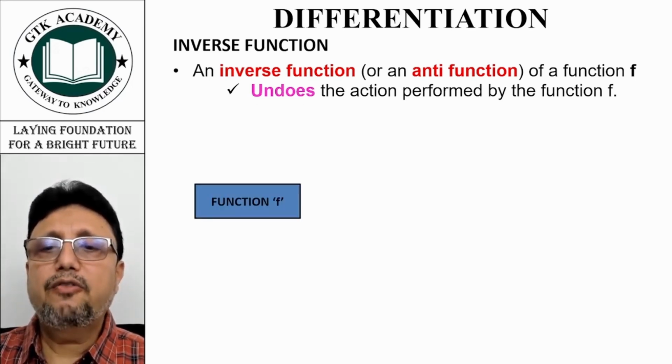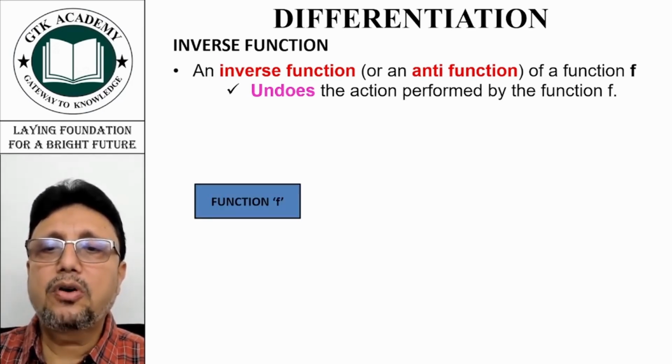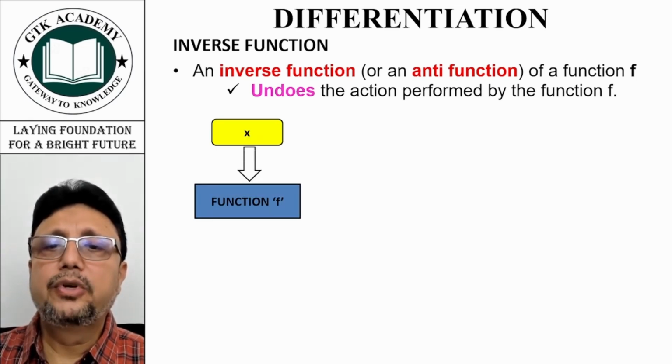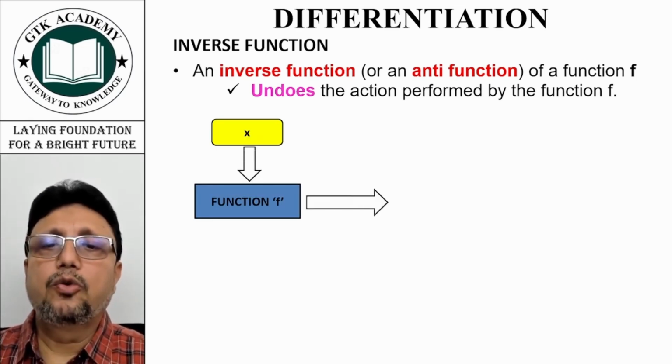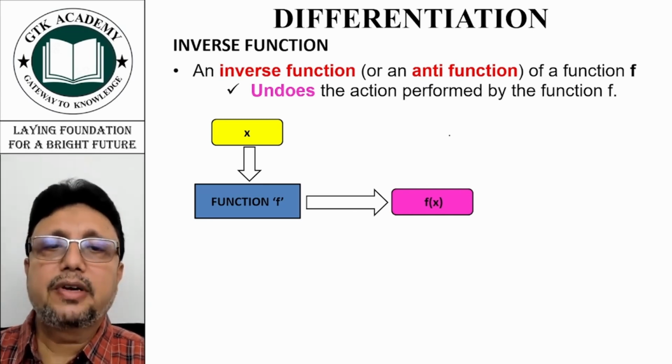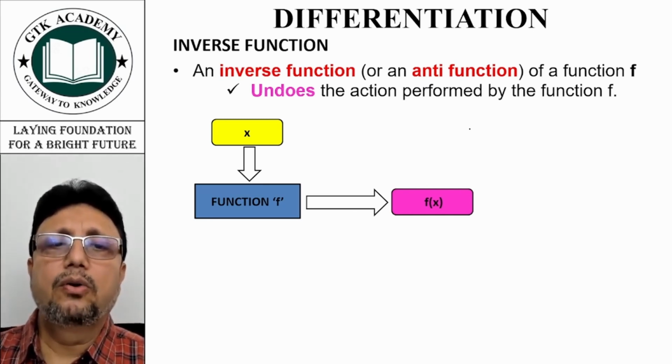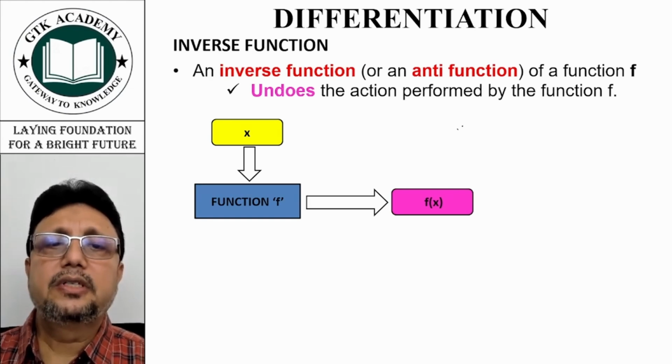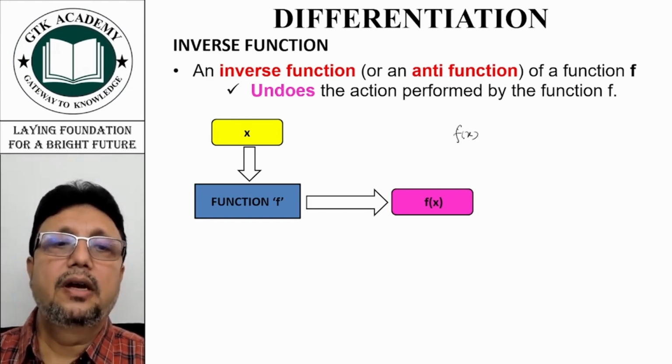For example, if we have function f in the shape of a box, we put certain input here and we get an output. If you put an input x, you will get an output of f(x). You must have studied functions, we express it as f(x) is equal to x square plus 2, for example.